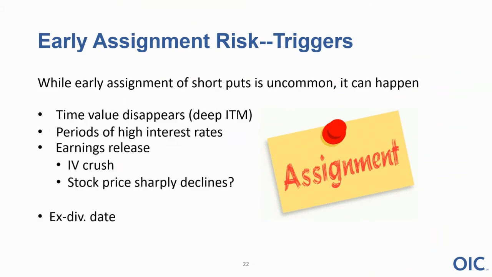Another reason that people might exercise early is prior to an earnings release, or if a stock price sharply declines, then the value of the put is going to skyrocket. And now you've got more time value disappearing, and that put now becomes deeper in the money.